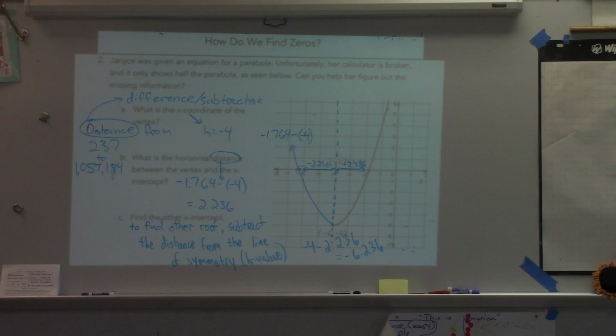If you're not given a graph, it's actually still easy to find that distance. We just don't know how to do it yet. We need to understand that distance is a difference.